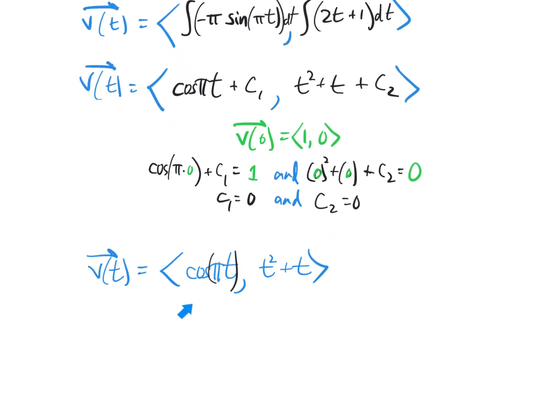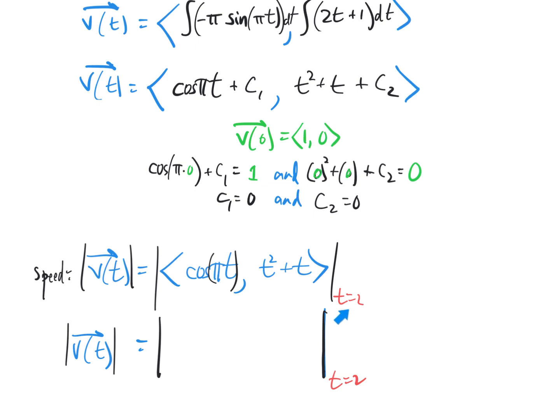The problem asks for how fast it's moving. So it's asking for the speed, and the speed will just be the absolute value of that. So our answer can be found by taking the absolute value of this vector, which is the magnitude of the vector, which we'll use the Pythagorean theorem for, when time is 2.